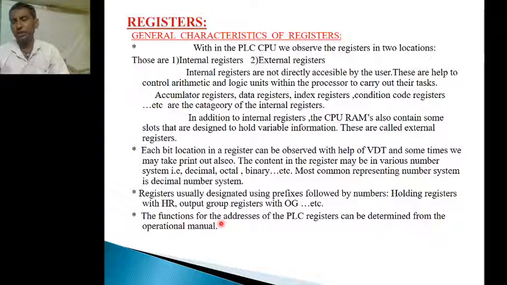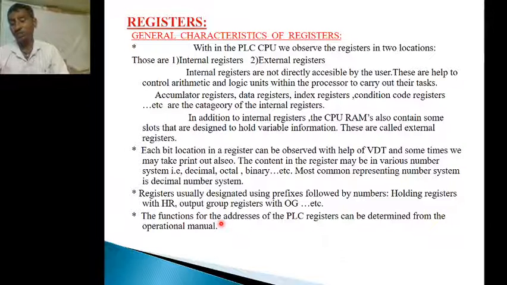VDT means video display terminal, and sometimes we may take a printout of those registers also. Then the content will be represented in various number systems. Normally the number systems are binary number system and decimal number system, etc. But the most commonly used number system is the decimal number system. And next we have the different registers, which I already mentioned.